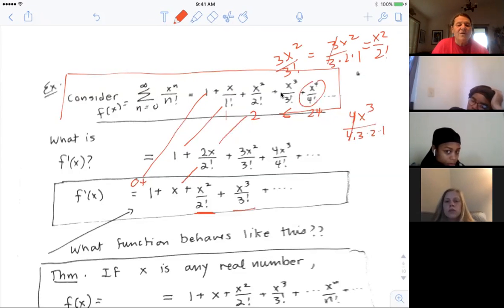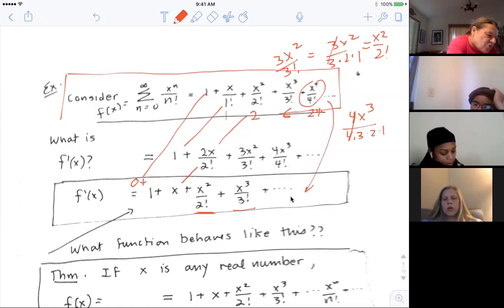Now, what I want you to notice here, through all my scribble, look at the original series and this series right here. What do you notice about the original series and the one I'm getting when I differentiate, guys?